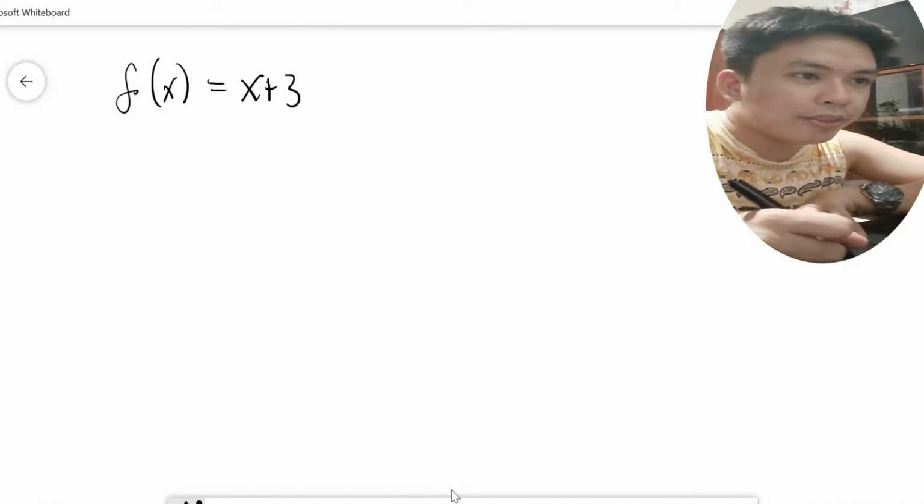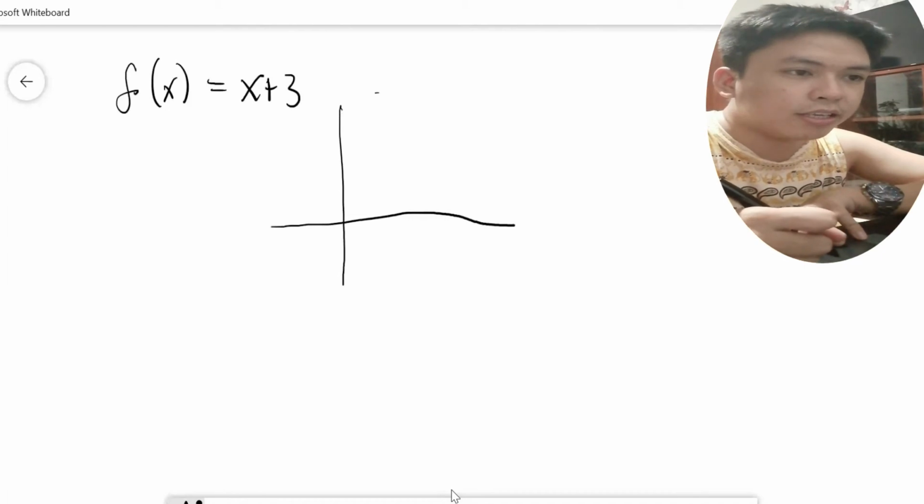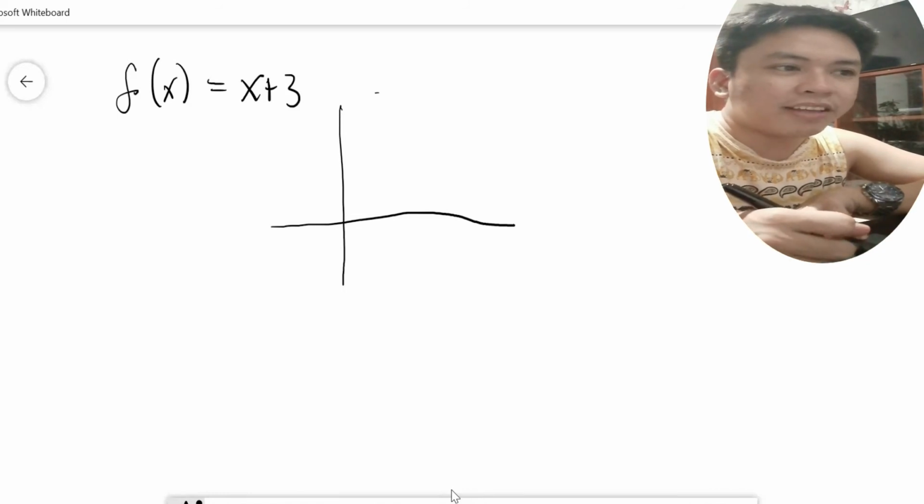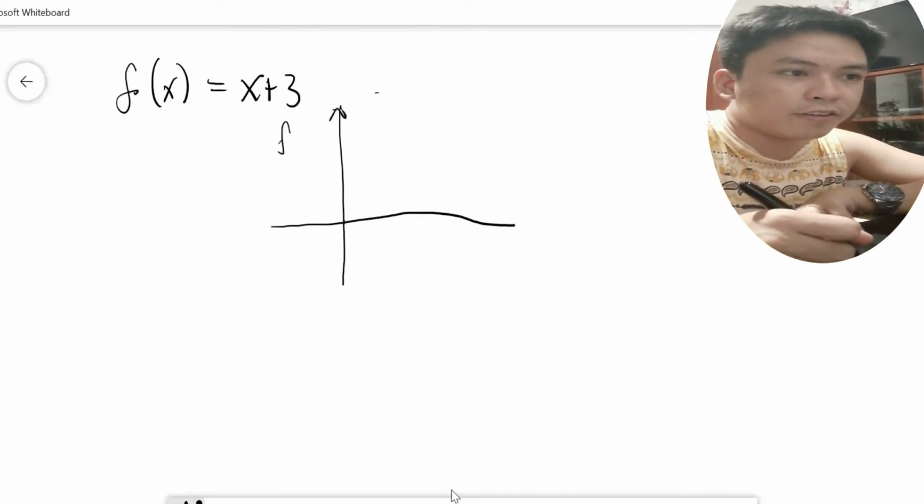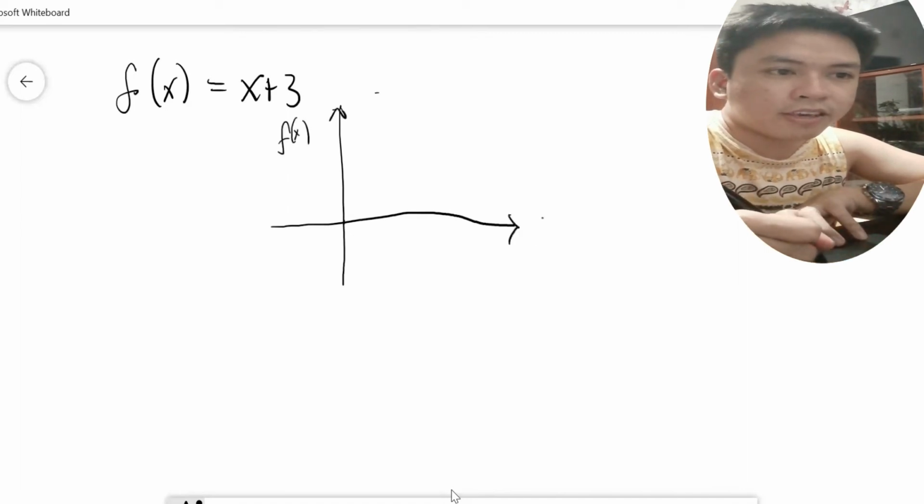In order for us to do that, we will have to graph x plus 3. Assuming I have a perfect drawing here. When x is 0, I get 3. So this is our f of x here, and this is our x here.